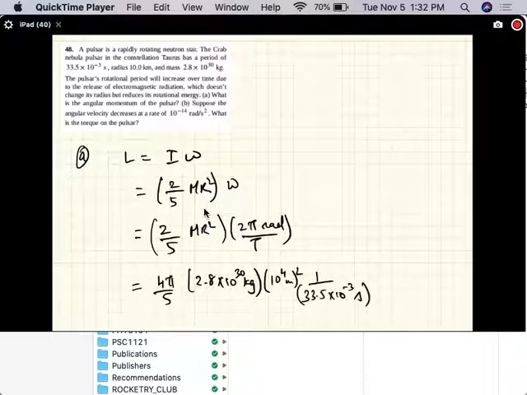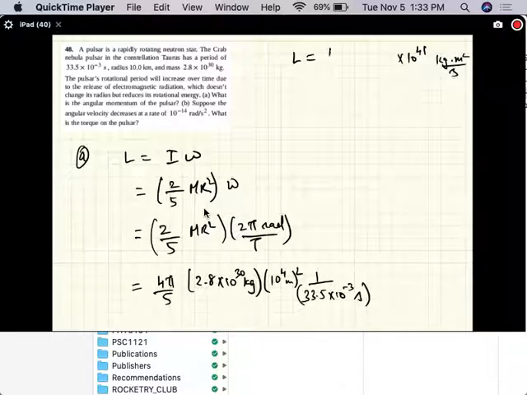Alright, so what we want to do is take care of powers of 10. So that's 10 to the 30, 10 to the 38, and then when that comes to the top, that becomes plus. So 38 plus 3 is 41. So 10 to the 41, and this is angular momentum, so kilograms meter squared per second.